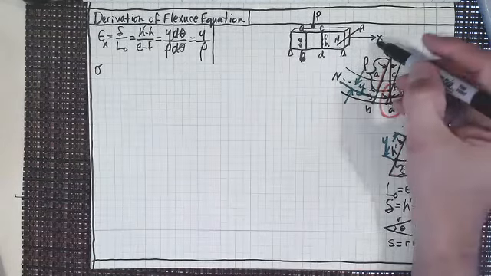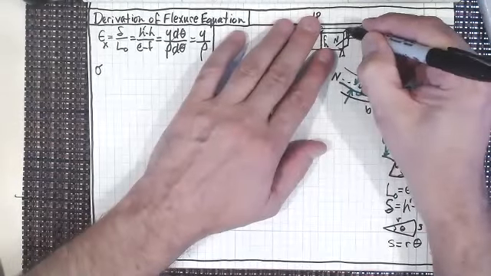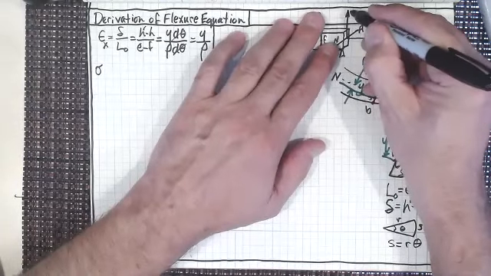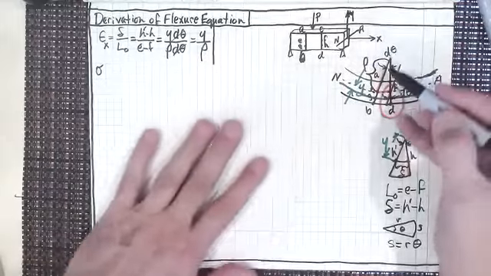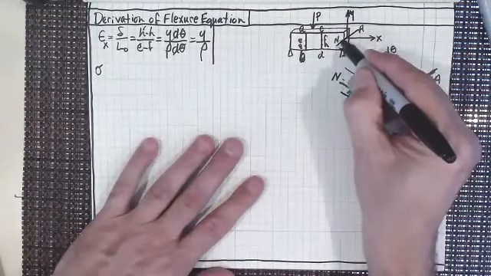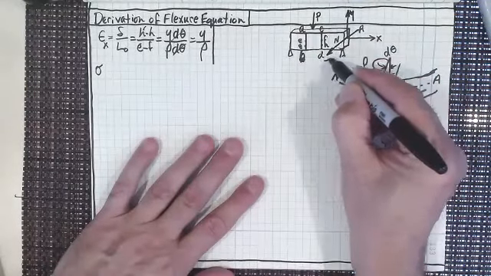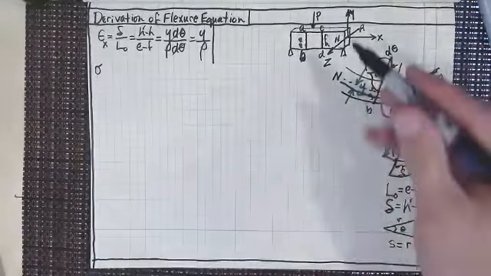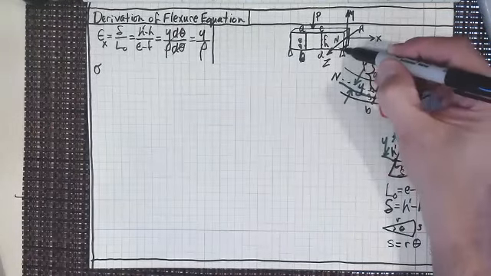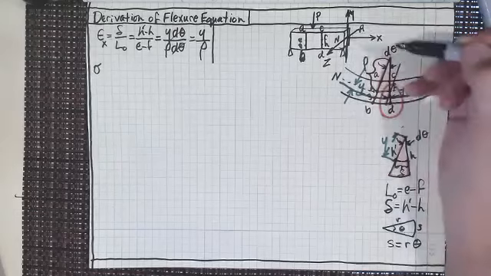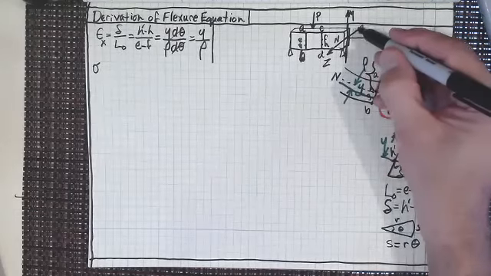So if that's my x-axis, then this must be my y-axis, and this must be my positive z-axis. So that's my y, that's my x, and that's my z.